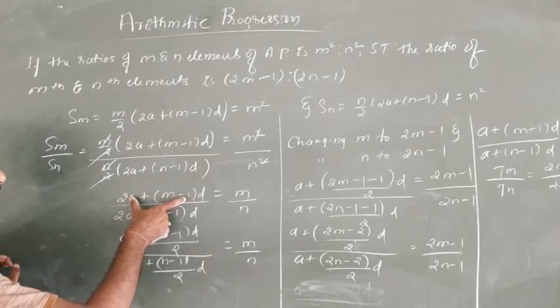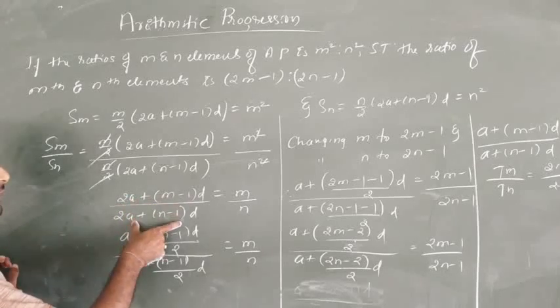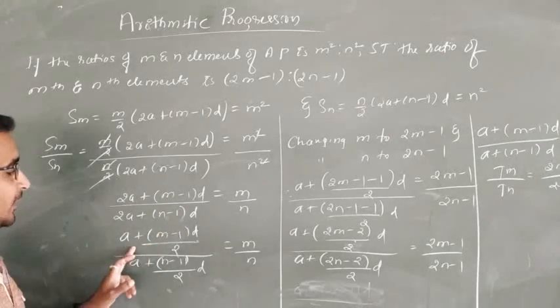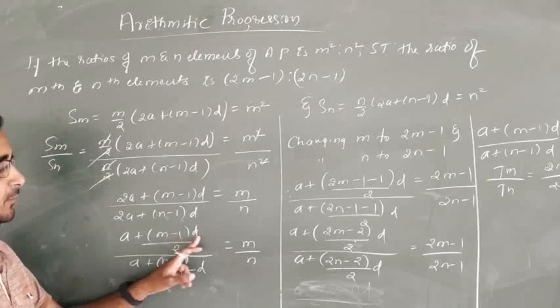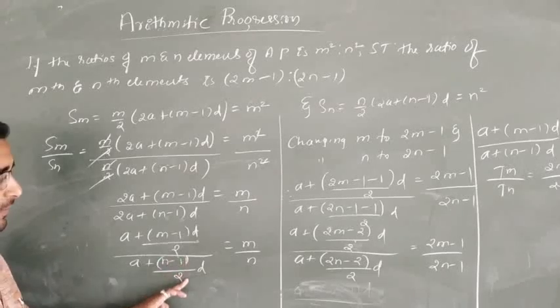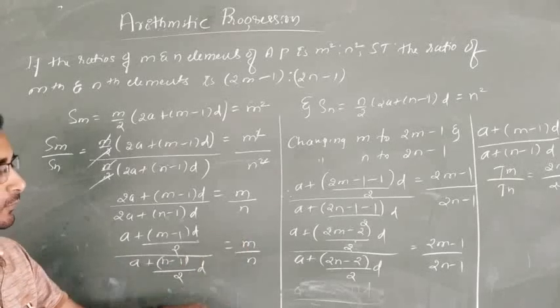So I divide the LHS and RHS, the numerator and denominator, by 2. Then I get a plus m minus 1 divided by 2 into d, over a plus n minus 1 divided by 2 into d, is equal to m by n.